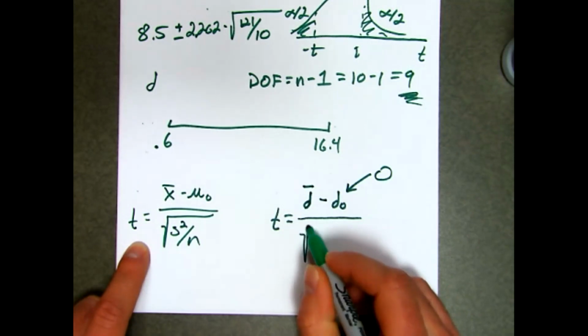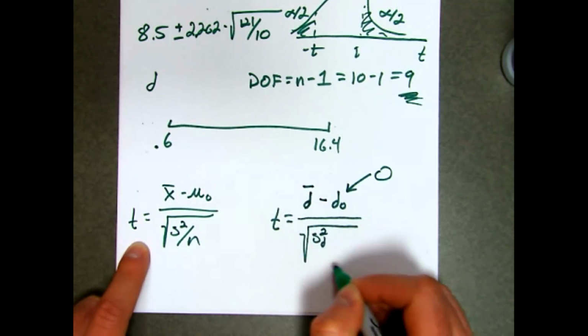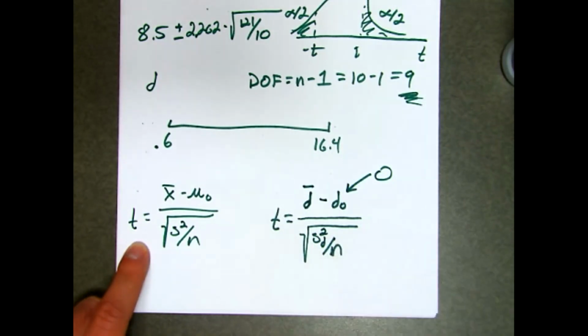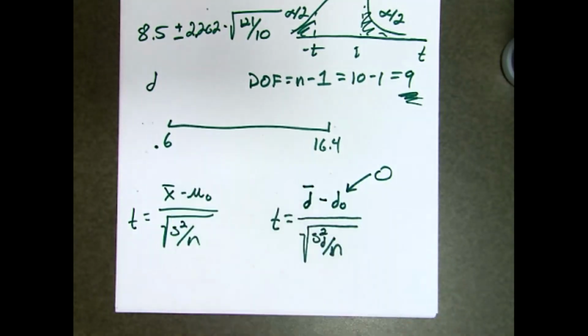And then we'll divide by the square root of the variance on that difference variable over my sample size. So not really a whole lot different here, just a little bit of difference in notation, because the statistic we're looking at is a little different. It's not just a sample mean, it's the mean of this difference variable we created using 2 other variables.